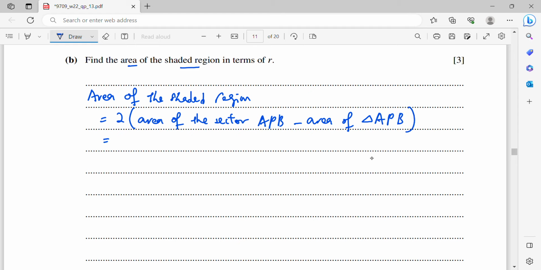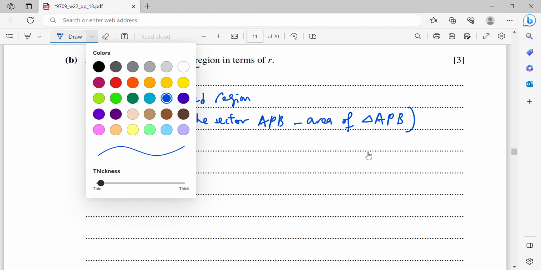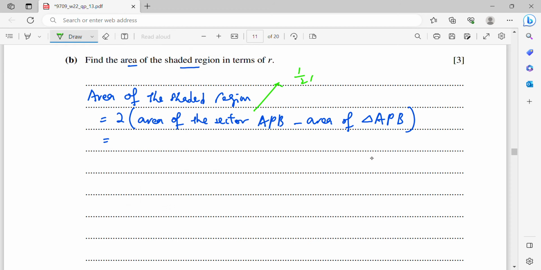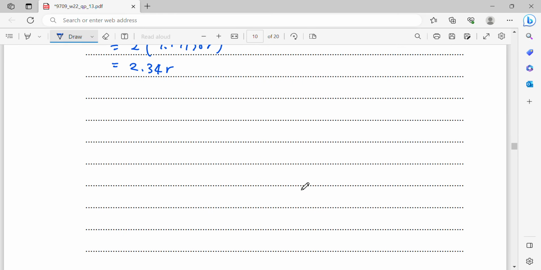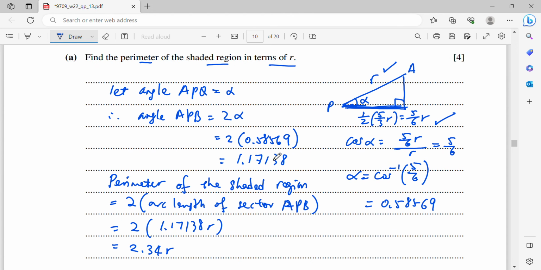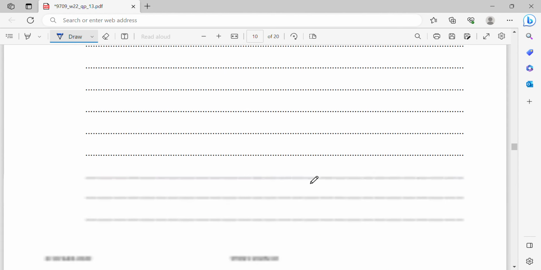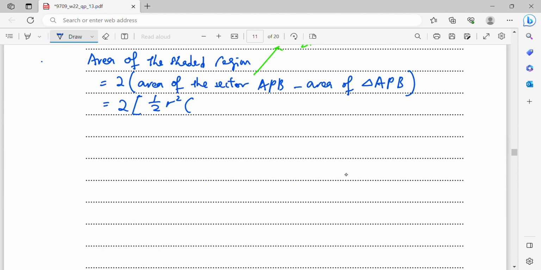The area of sector is basically half r squared angle. So I'm getting 2 times half r squared. Now my angle is theta, which is 1.17138.